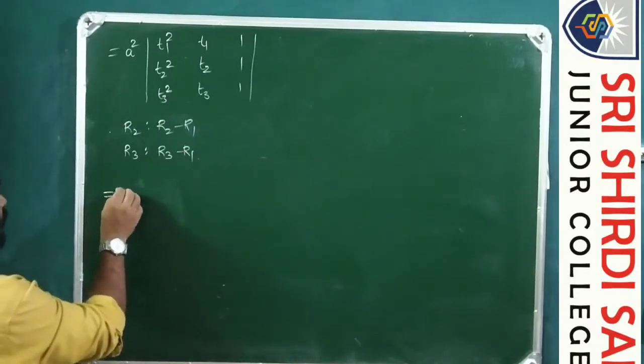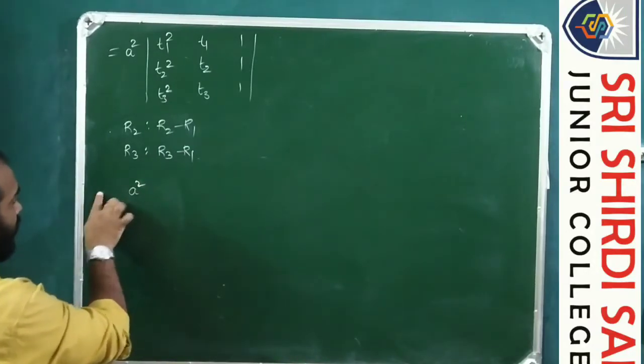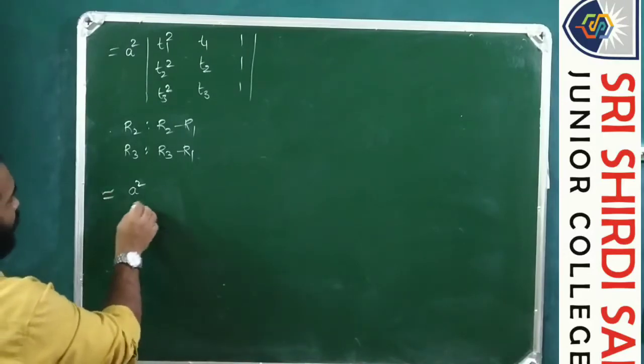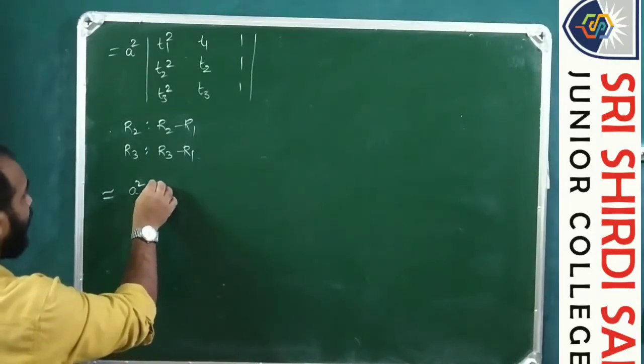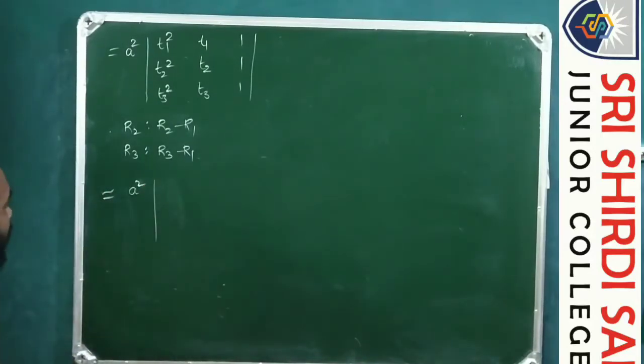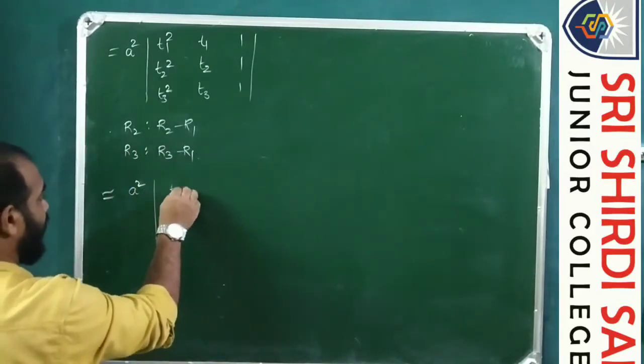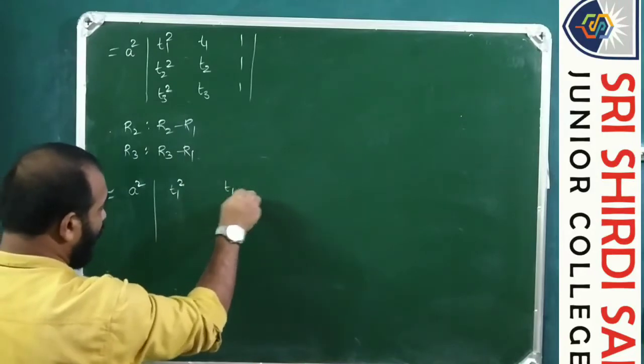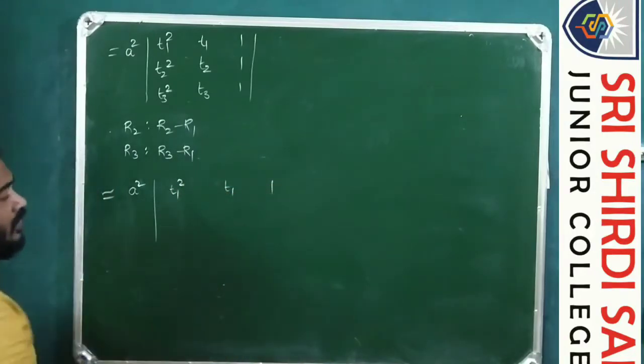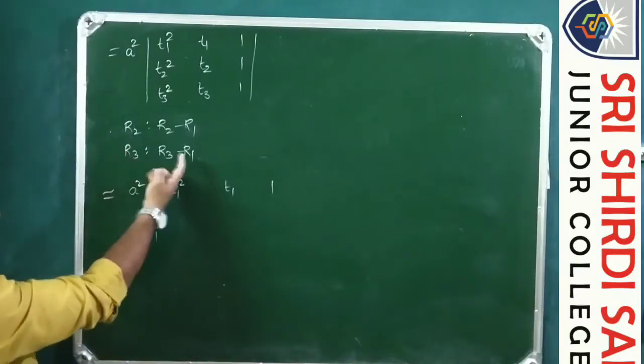That is equal to a square into, this is T1 square, T1, 1. This would not be subjected to any change because row 2 and row 3 are getting changed.